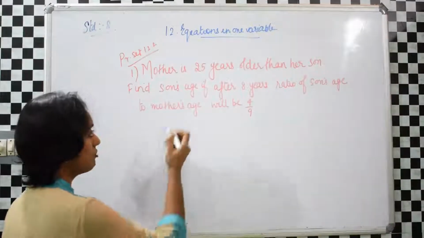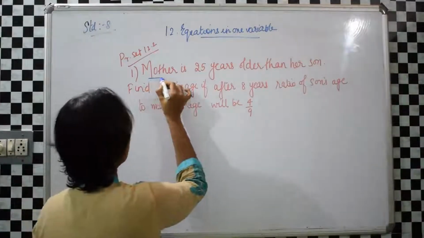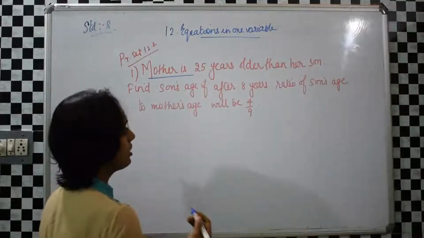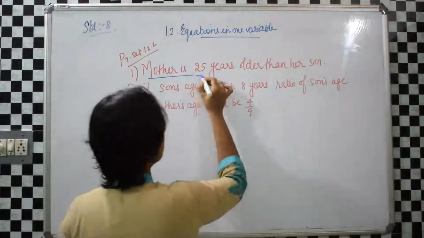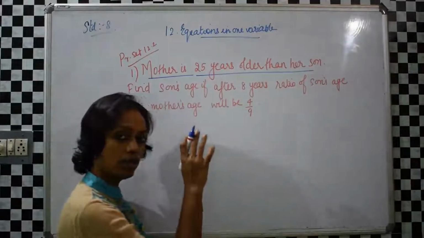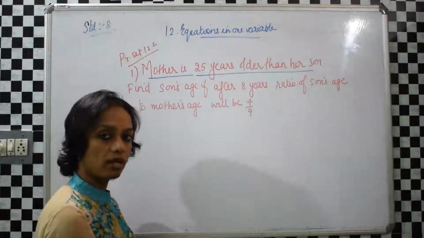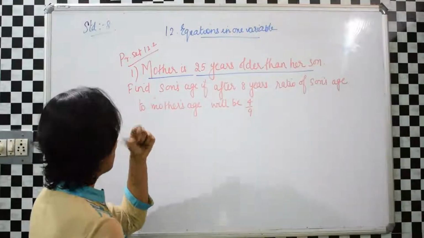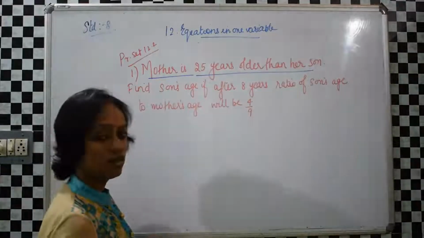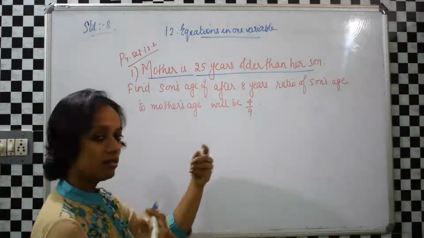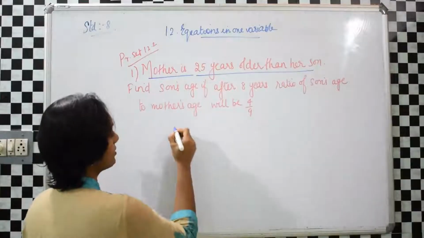Now let's look at the first statement. Mother is 25 years older than her son. So we are going to convert only this part into some algebraic expression. So let the son's age be x.